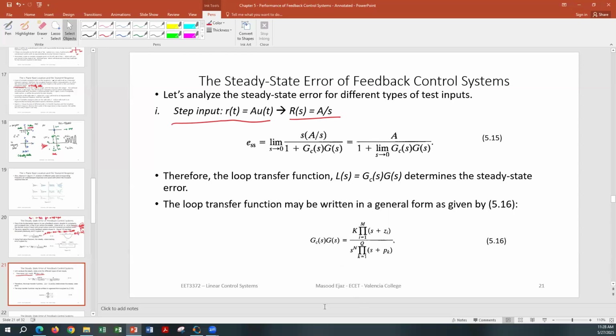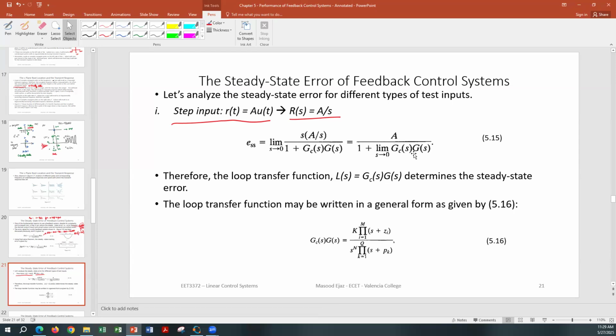And since Gc(s) and G(s) are only functions of s, we can move the limit to Gc(s)G(s). So A over 1 plus limit s tends to 0 of Gc(s)G(s). And Gc(s)G(s) is the loop transfer function, what we discussed earlier. L(s) is equal to Gc(s)G(s).